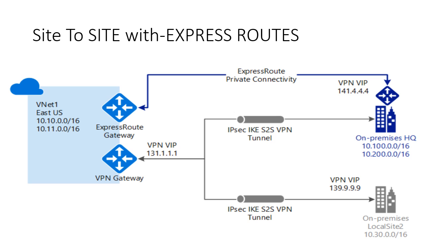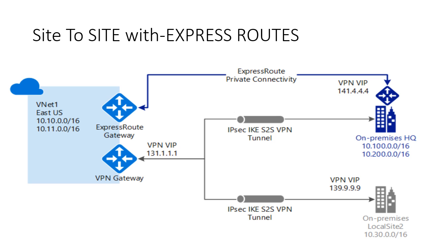Hello, welcome back. So here we are going to see this design where we can use ExpressRoute with VPN gateways. Here we have multiple on-prem sites. One is headquarters, one is an on-premises local site. In our Azure infrastructure, we have a VNet in East US.